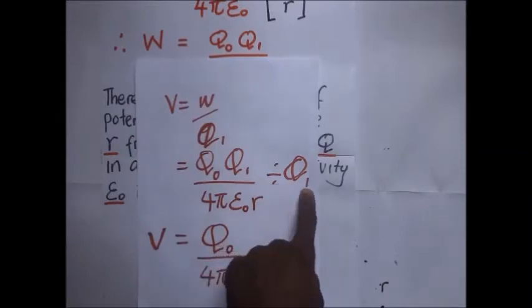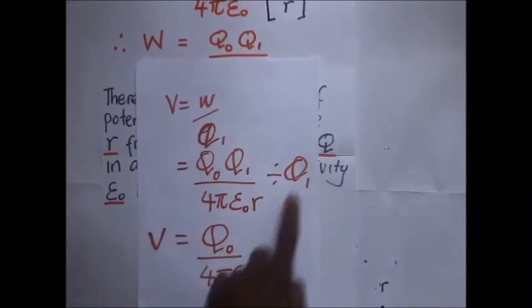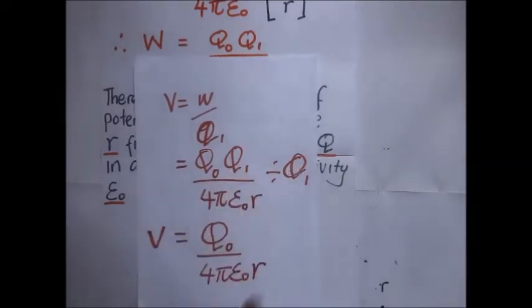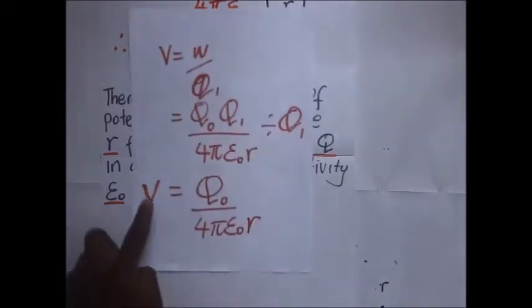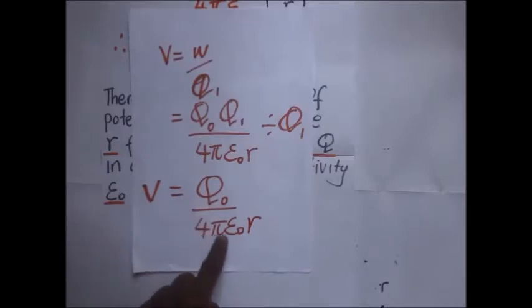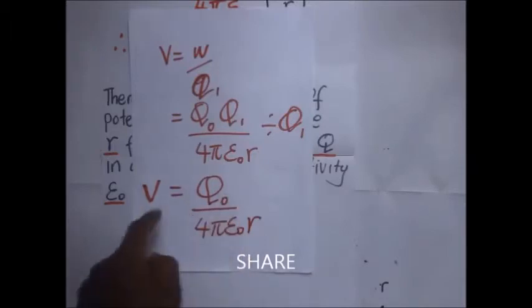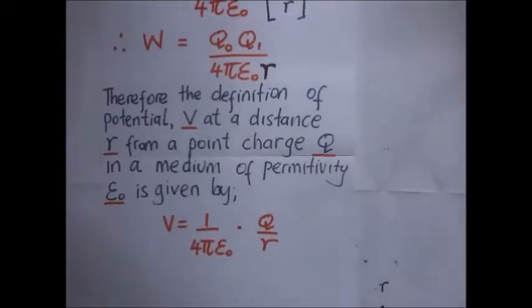This Q1 and that Q1 are simply going to cancel out, and then we shall remain with our expression. V is going to be Q naught over 4 pi epsilon naught times R. This is our expression for the potential of a point charge in a field, and that is how we come to this.